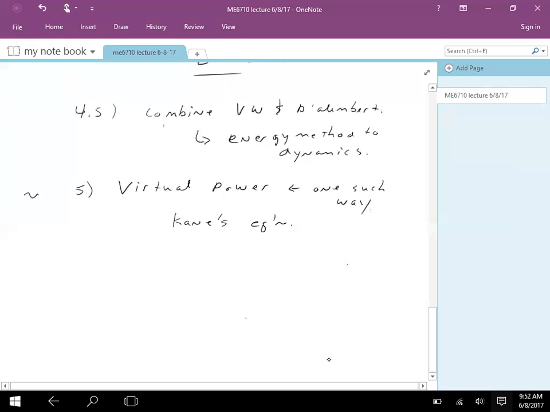So T is the kinetic energy. And what would V be? Potential. The potential.